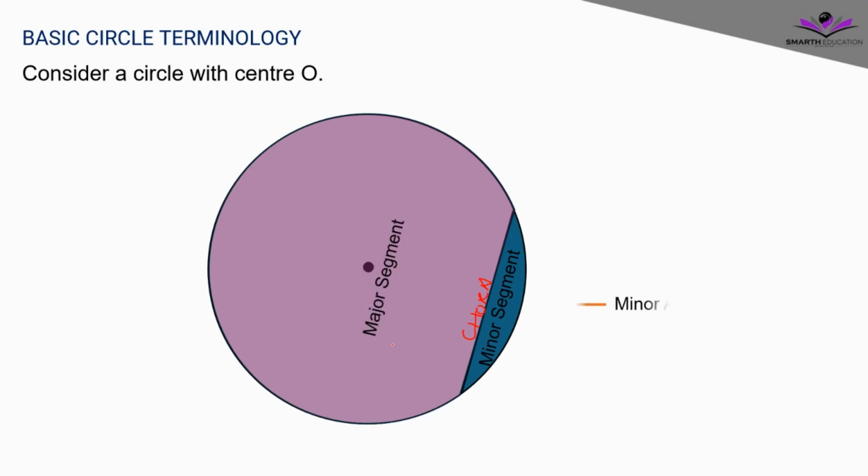Also, we have a minor arc, which is from here up to there. And also we have a major arc, which is this. This is the basic terminology that we have to remember when dealing with a circle.